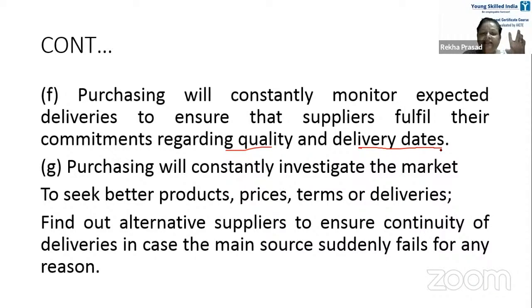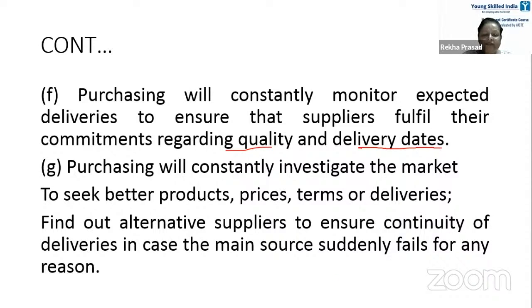Things are changing in the marketplace. So you have to keep a tab on whatever is happening in the marketplace as a purchasing manager. It may be that whatever is good today, maybe tomorrow things might change, maybe for better or for worse. So you have to change yourself accordingly and do whatever is best for the organization.